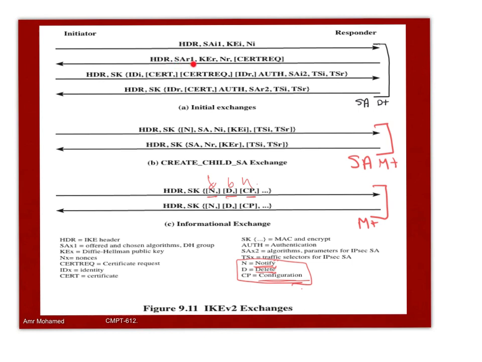I can negotiate a certain Diffie-Hellman group. I can give you the Diffie-Hellman public key from my side, but you have to authenticate yourself first. So it sends a certificate request for the initiator to authenticate itself using certificates. So here for authentication, we use certificates. Authentication is used to mitigate a man-in-the-middle attack.